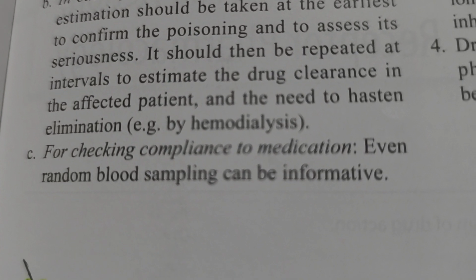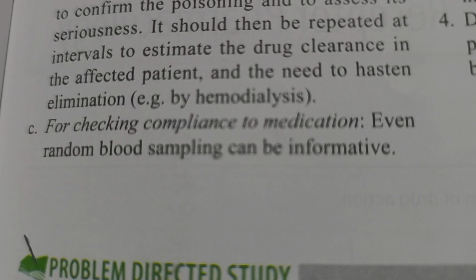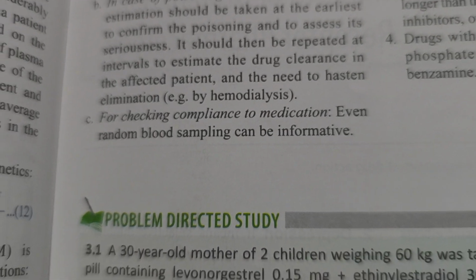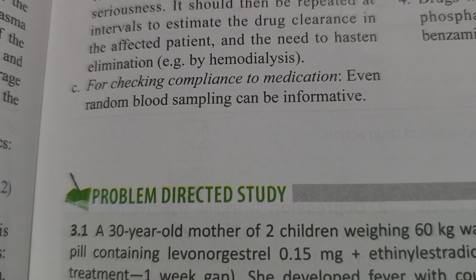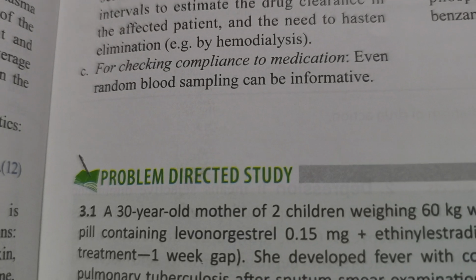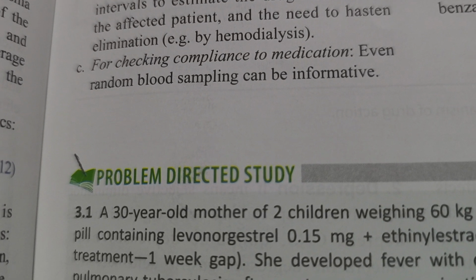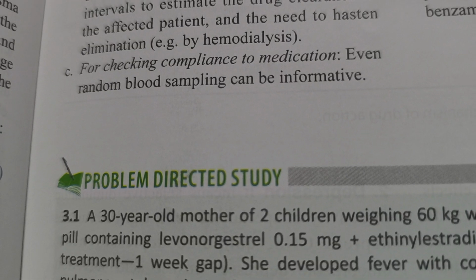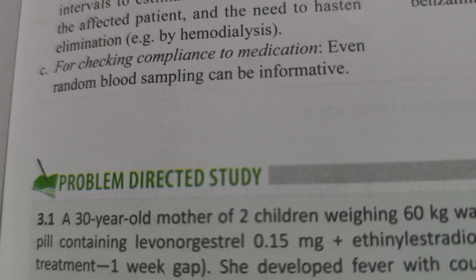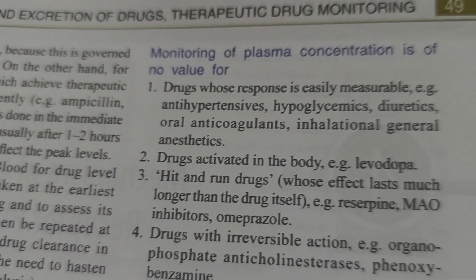It should be repeated at intervals to estimate the drug clearance in the affected patient and the need to hasten elimination, for example by hemodialysis. Lastly, for checking compliance with the medication, even random blood sampling can be informative.